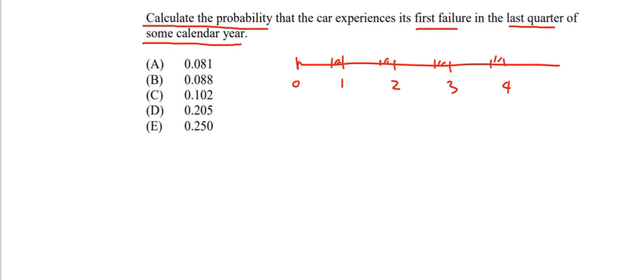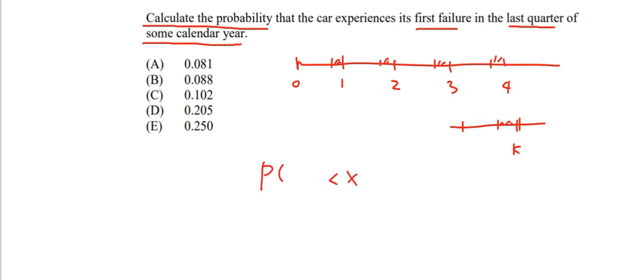Okay, in general, suppose this is K here. So it happened from here to here. So this is K. We just find this probability, right?